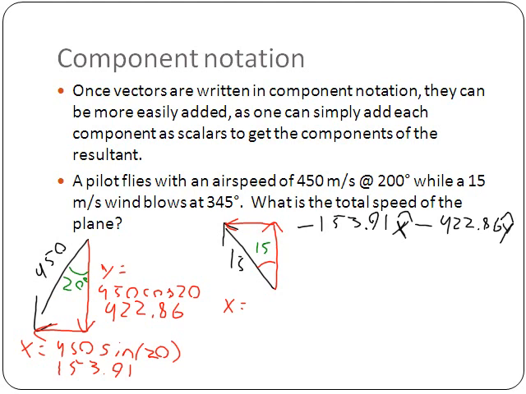To get our x component, that's opposite to the angle, so opposite over hypotenuse is sine, and we get 15 sine of 15 degrees. Putting it into the calculator, 15 times sine of 15, the x component is 3.88.